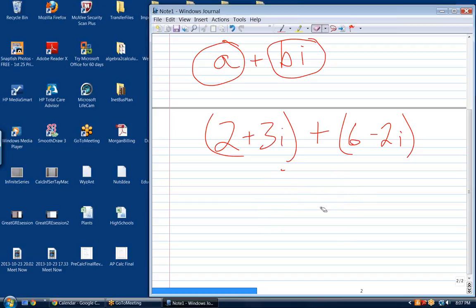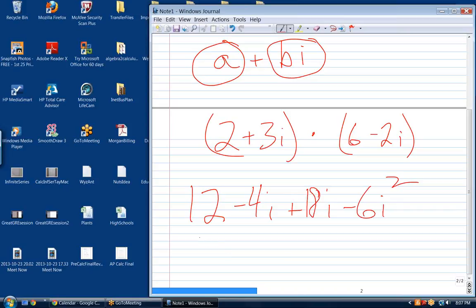Same thing with multiplying. If I multiply this times this, just do FOIL. 12 minus 4i plus 18i minus 6i squared, which becomes 12 plus 14i.